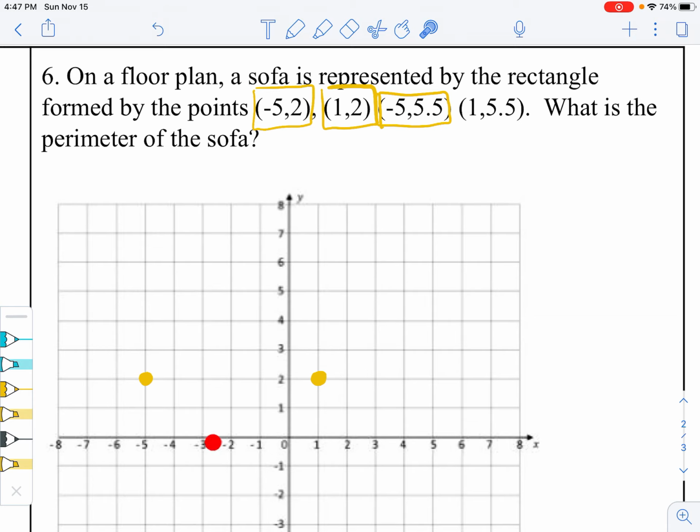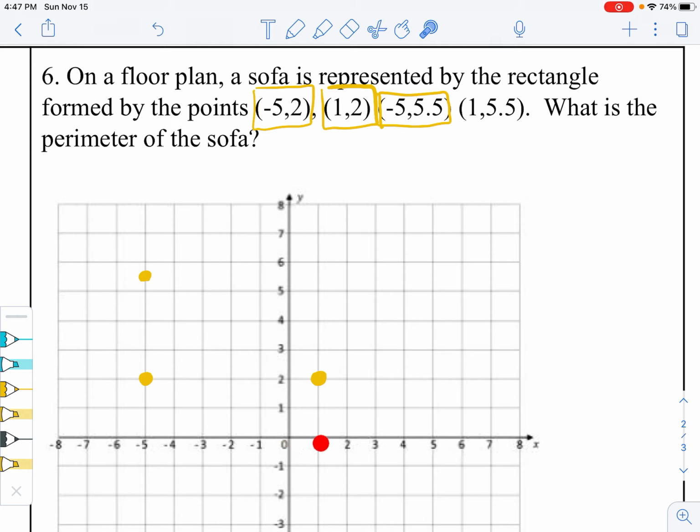We're going to go to the left to -5 and then up 5.5. So we're going to go up 2, 3, 4. Here's 5. Here's 6. So we want our point to be right in the middle. Right there.